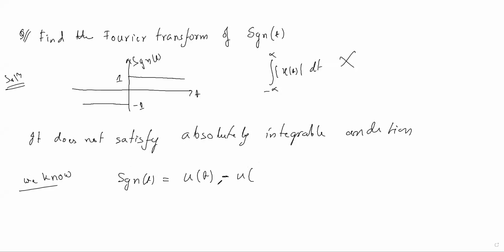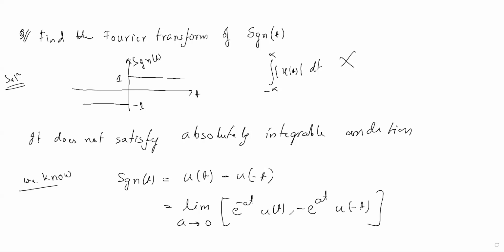We can also write it as the limit as a tends to 0 of e to the power minus at u(t) minus e to the power at u(-t). When you put 0 in e to the power a or minus a, it gives 1 only. So we can write it like this also.